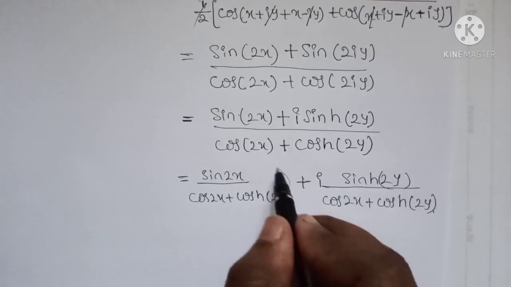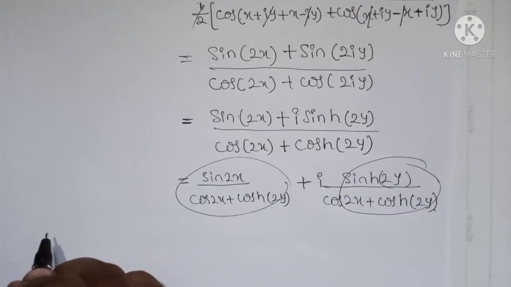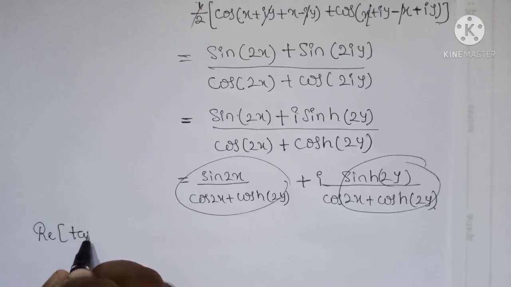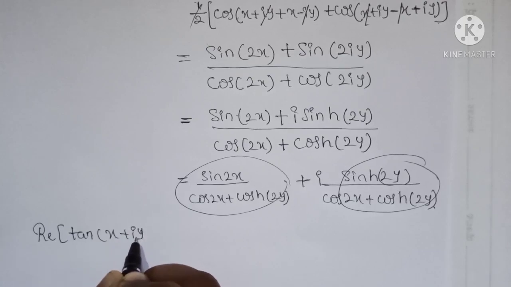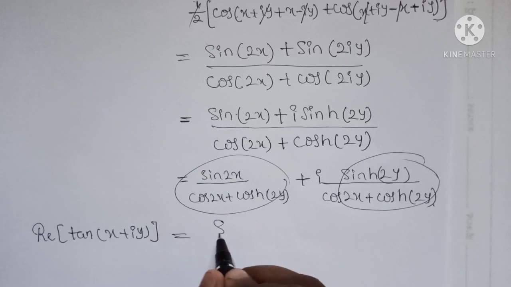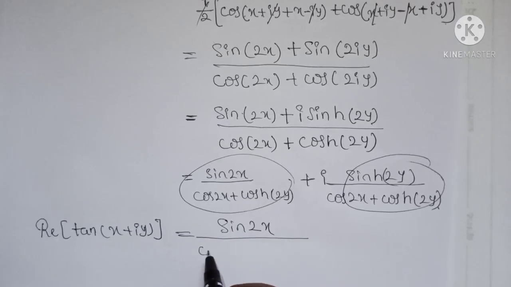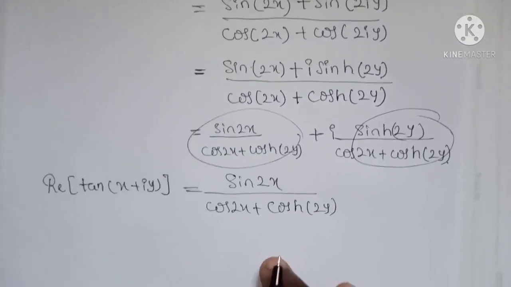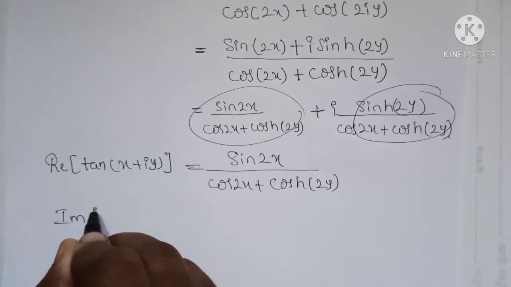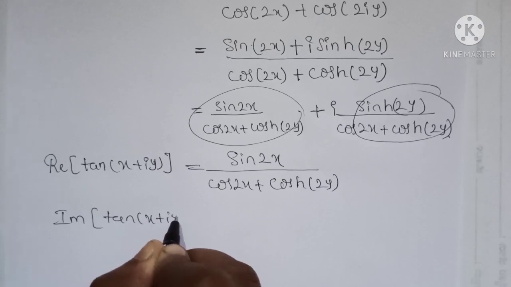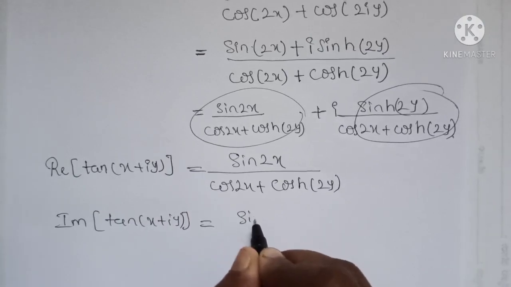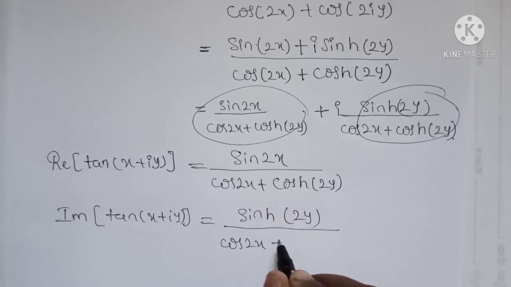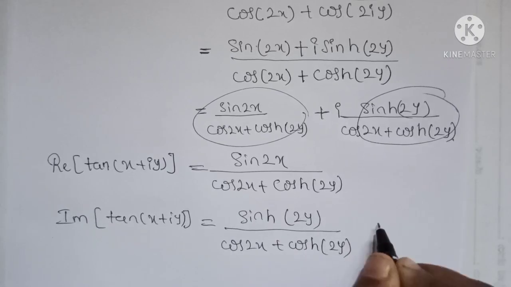So now we have separated the real and imaginary parts. Therefore, the real part of the given function tan of x plus iy is sin 2x divided by cos 2x plus cos h 2y, and the imaginary part is sin h 2y divided by cos 2x plus cos h 2y.